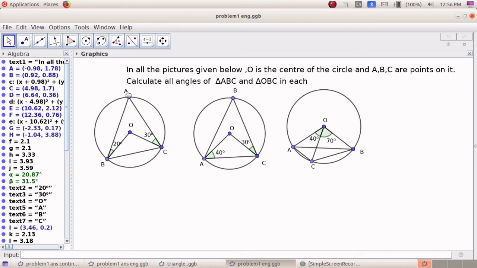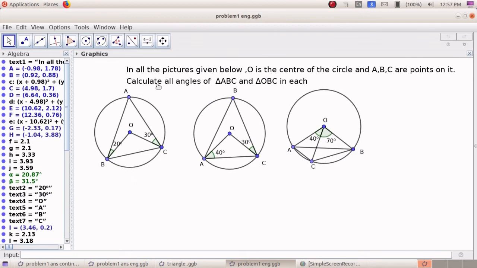We are asked to determine the angles of triangle ABC. Triangle ABC is different in every case. We are also asked to determine the angles of triangle OBC. In every case, triangle OBC is different. See, they are all different triangles.